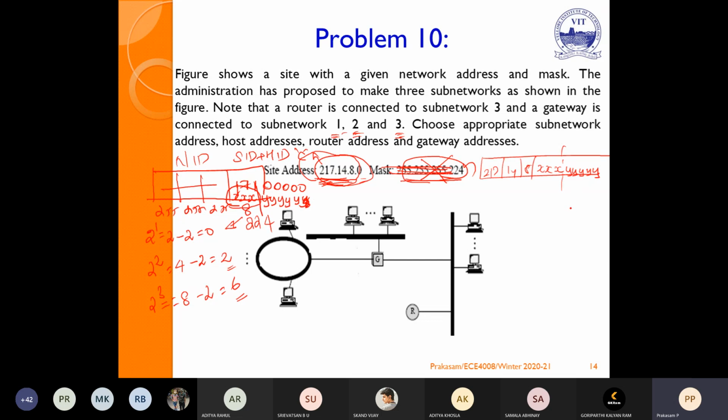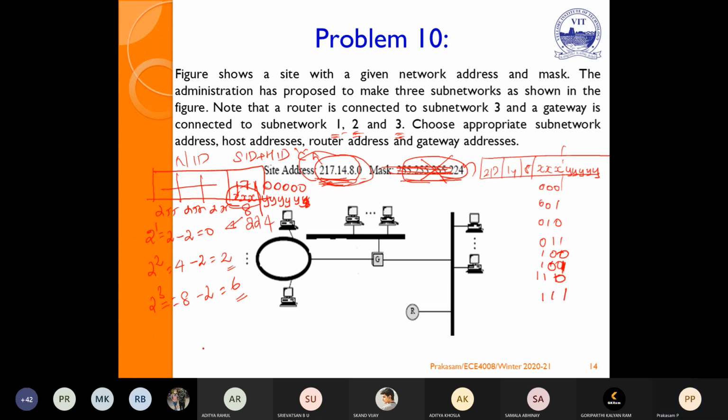Now the subnet ID, the various possible subnets. These 3 bits will vary from 0, 0, 0 to 1, 1, 1. So 0 0 1, 0 1 0, 0 1 1, 1 0 0, 1 0 1, 1 1 0, 1 1 1.